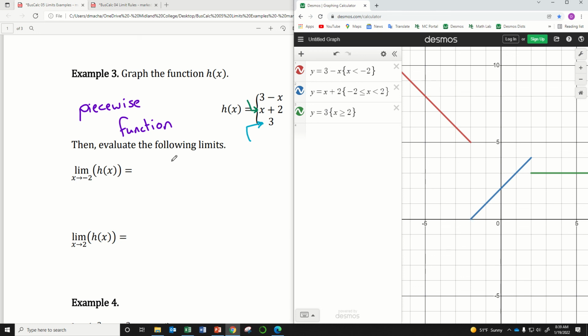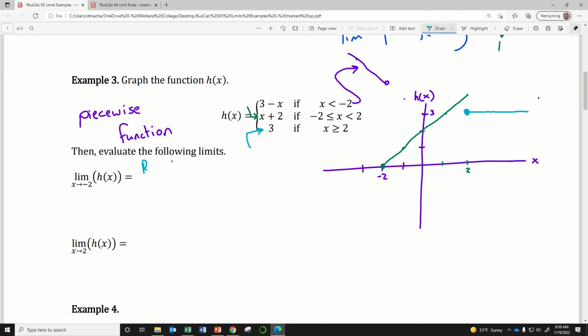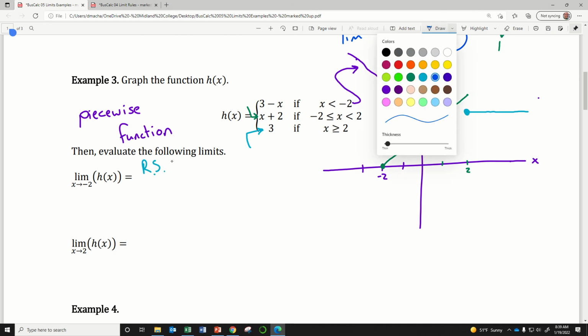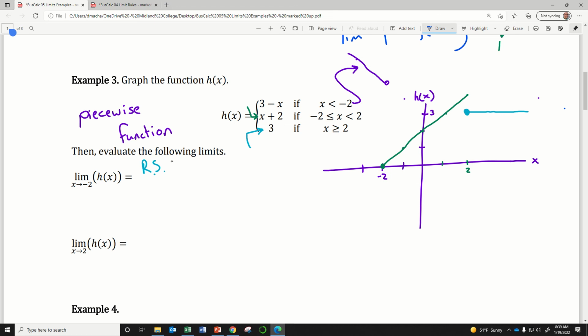Well, my right-sided limit is going to be coming in from the right, approaching negative 2. That sort of makes it look like the value of the function is approaching 0. So my right-sided limit here, the limit as x approaches negative 2 from the right side of my function, is approaching the value 0.